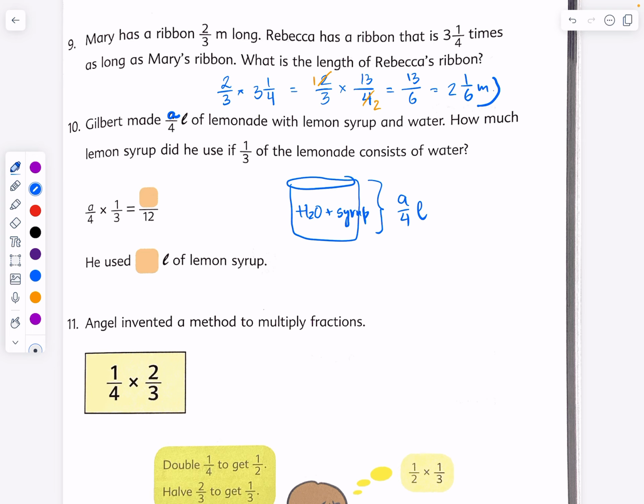So, how much lemon syrup did he use? So, 8/4 times 1/3, we get 8/12. And 8/12 is the syrup. Okay? 8/12 is the syrup.